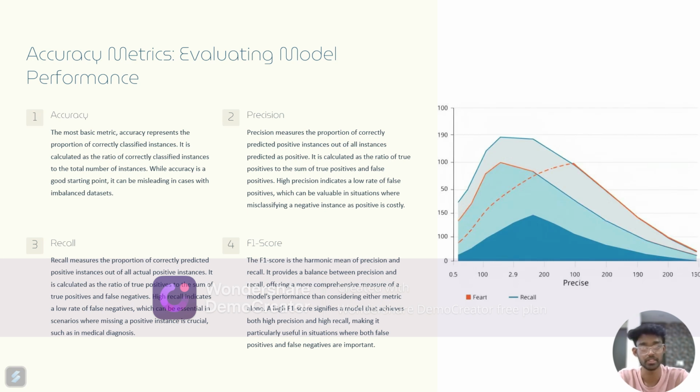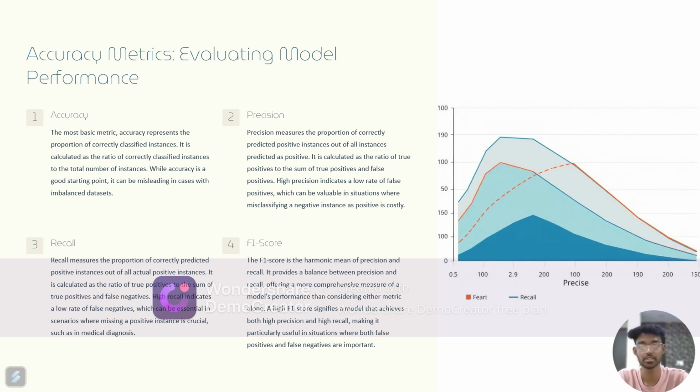Precision measures the proportion of correctly predicted positive instances out of all instances predicted as positive. It is calculated as the ratio of true positives to the sum of true positives and false positives. High precision indicates a low rate of false positives, which can be valuable in situations where misclassifying a negative instance as positive is costly.